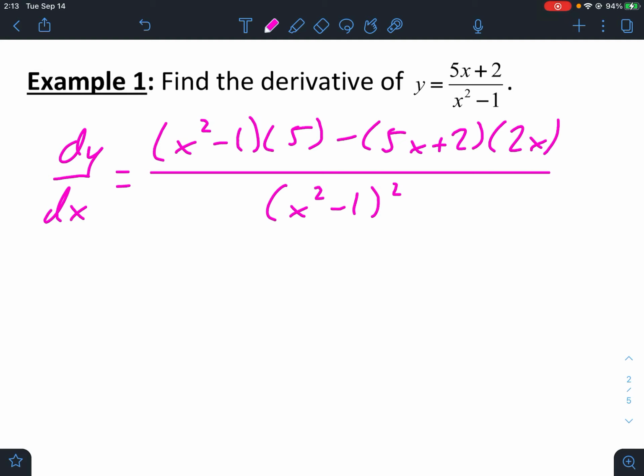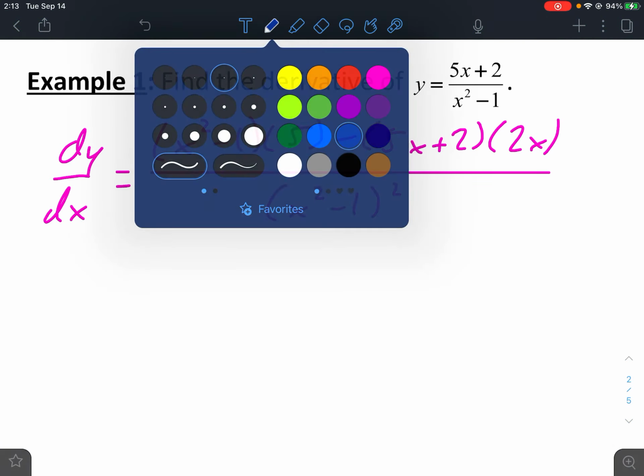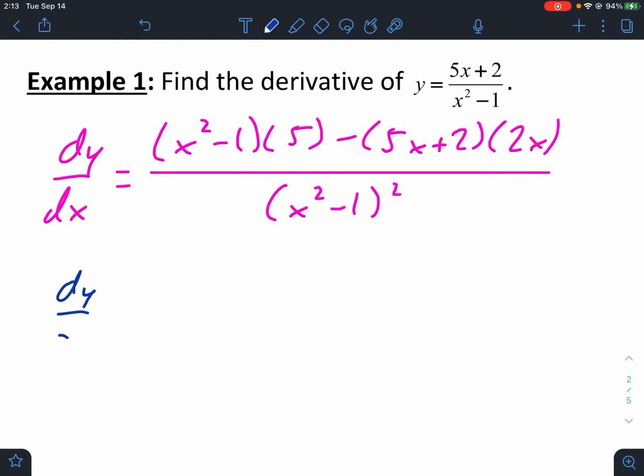If this is a multiple choice question, you may be asked to simplify this. If it's a written question, that would be good enough. But let's do some algebra simplification in case we would ever need it. So distributing the 5, and then distributing the negative and the 2x.